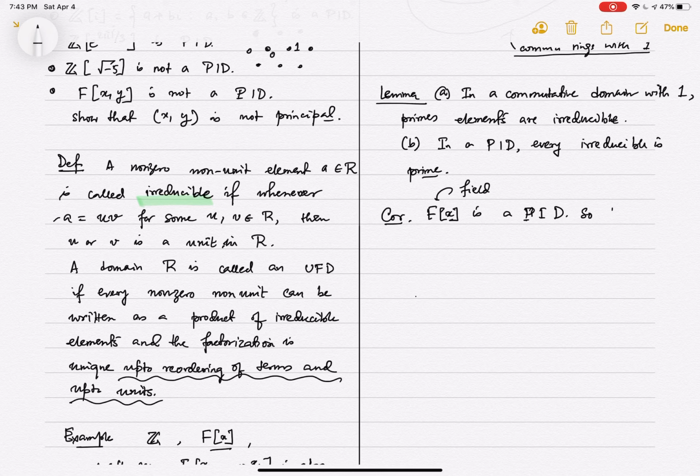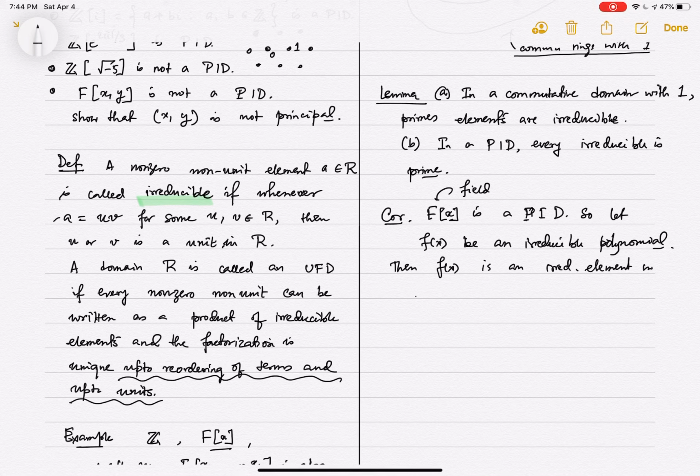So let f(x) be an irreducible polynomial in one variable, then this is an irreducible element in F[x].